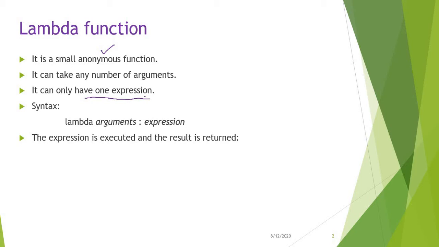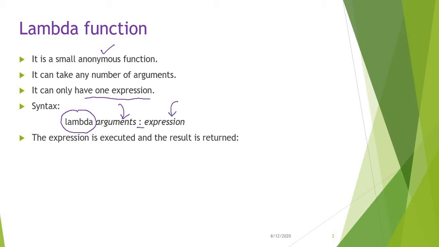The syntax for a lambda function is: we indicate that this is a lambda function through the keyword lambda, L-A-M-B-D-A. Then we define the input arguments, then a colon, and then the expression.